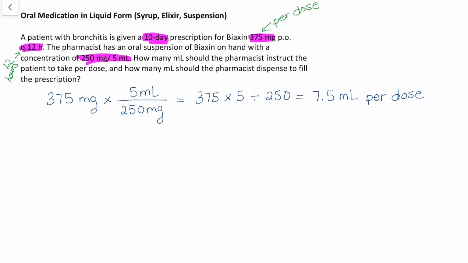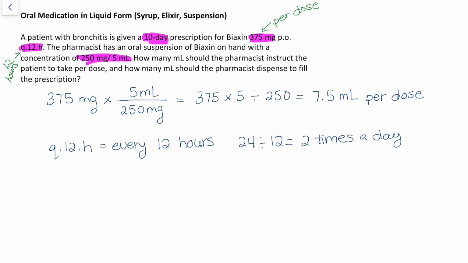The second part of the question is, well, then how much do you need to give them in order to last the whole amount of time? So we know that they're taking it every 12 hours. So if we do 24 divided by 12, that's 2 times a day.